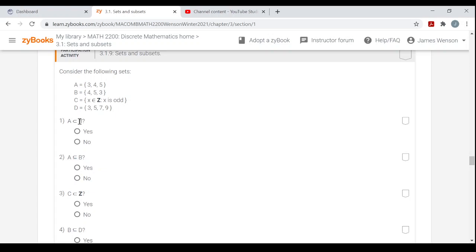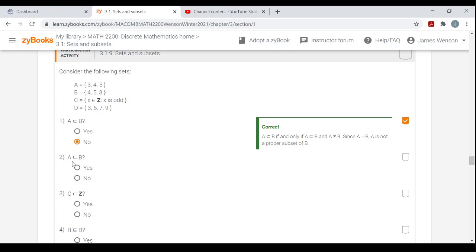Is there an element of B that's not in A? No. So A is a subset of B, but it's not a proper subset of B because they're equal. A is a proper subset of B if and only if A is a subset of B and A is not equal to B. But here, A is equal to B.